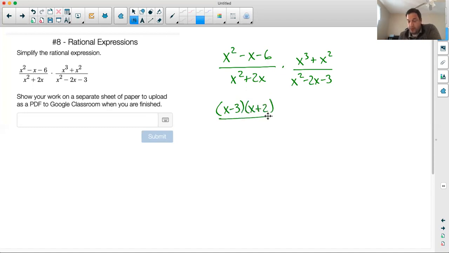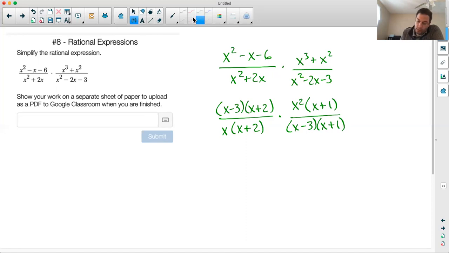So that top part, x squared minus x minus 6, factors to x minus 3, x plus 2. The bottom part becomes x times x plus 2. Over here, we got an x squared common in both, leaving me with an x plus 1. And then I have x minus 3, x plus 1.